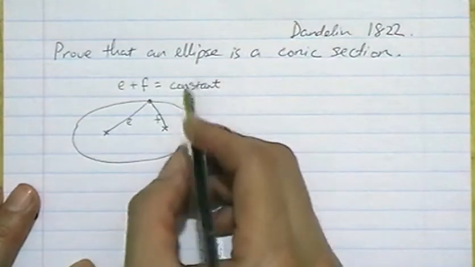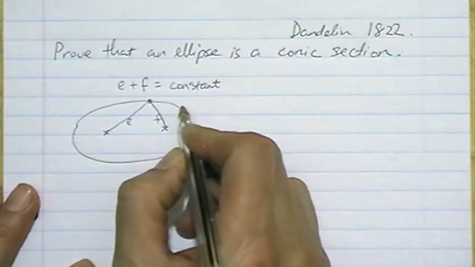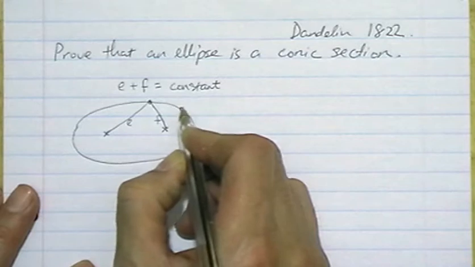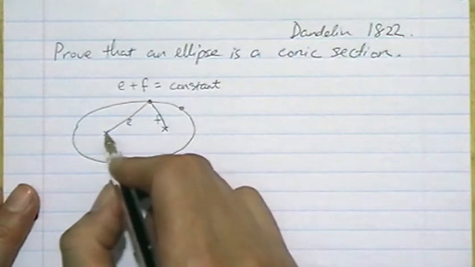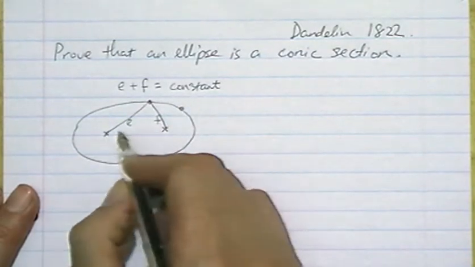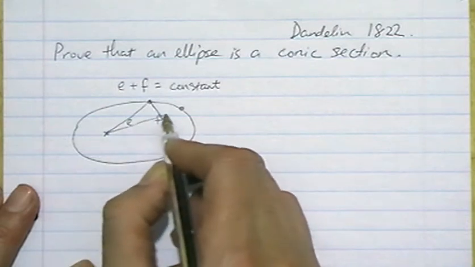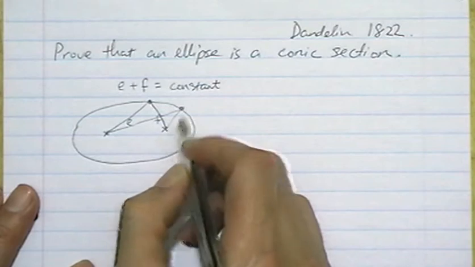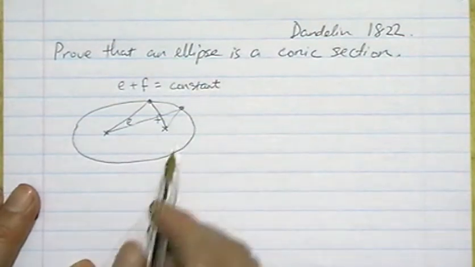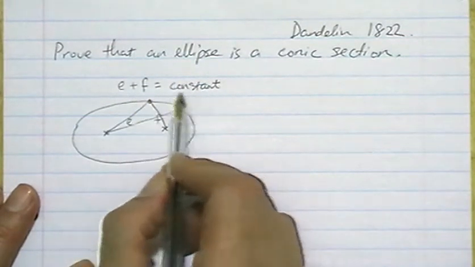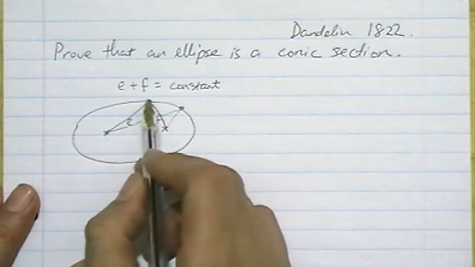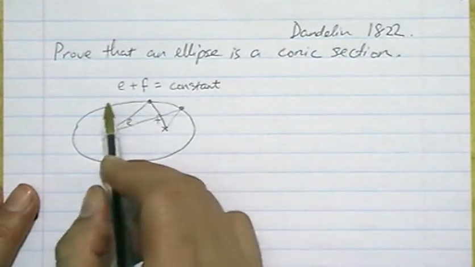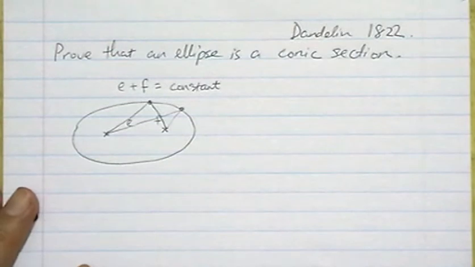This means that if I go to any other point on the ellipse, then the distances from those 2 points must add to the same answer as these two distances, and that should be true for any point on the ellipse.